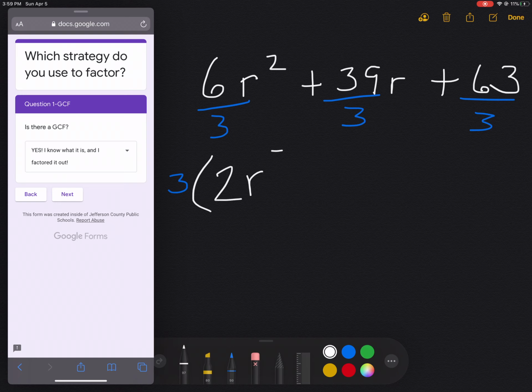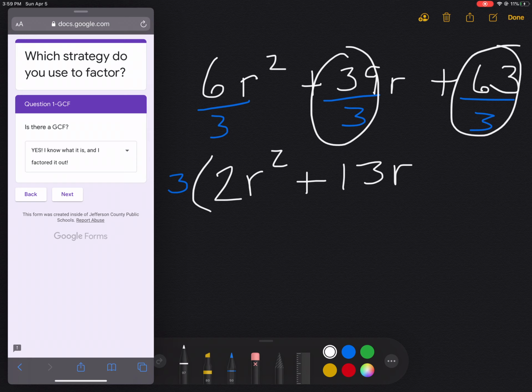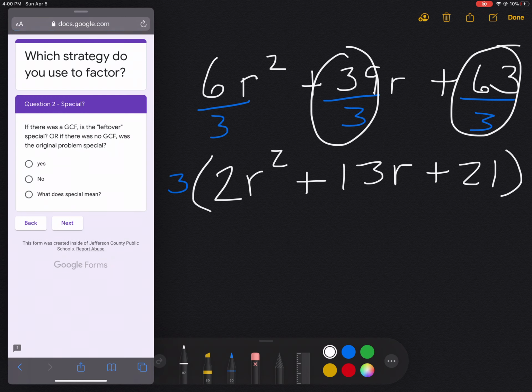The r squared still remains. 39 divided by 3 means I'll have plus 13r. And then 63 divided by 3 will leave me plus 21. So I used the option, yes, there is a GCF, and I know how to factor it out. I'm going to go to next.